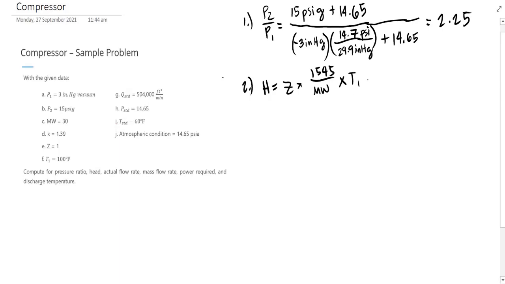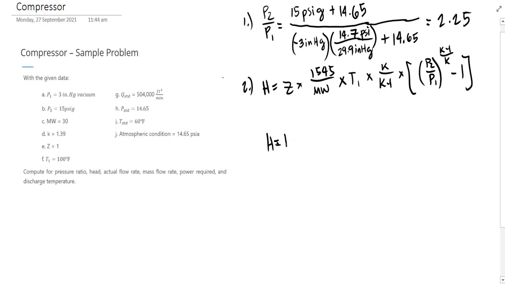So temperature 1 times K over K minus 1 times the quantity. So yung pressure ratio na P2 over P1 raised to K minus 1 all over K.